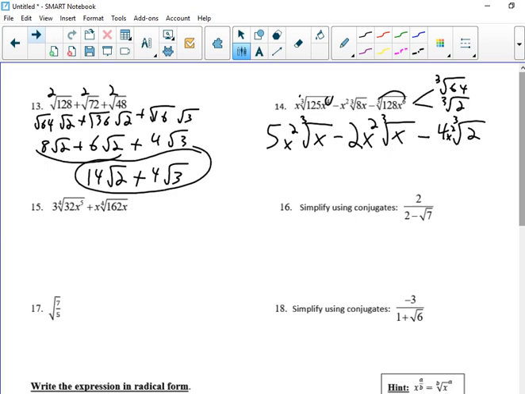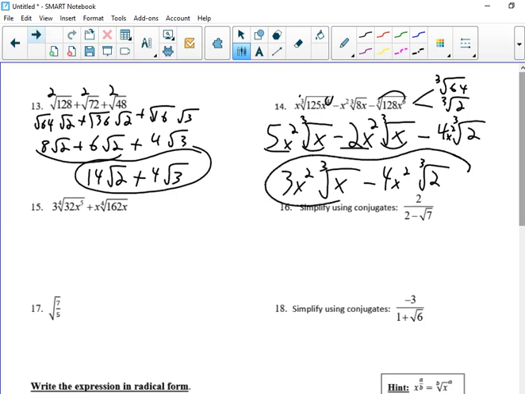The first two again are going to join together because we have 5x squared minus 2x squared, which is 3x squared. They have the same item here, cube root of x, and then the minus 4x squared cube root of 2, which is tempting because it's also x squared. You gotta leave alone because it's not the same. Must be like terms.